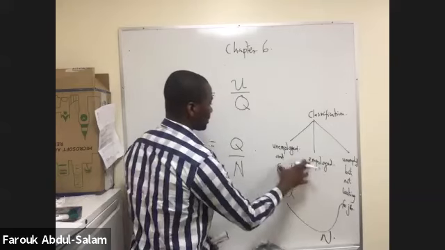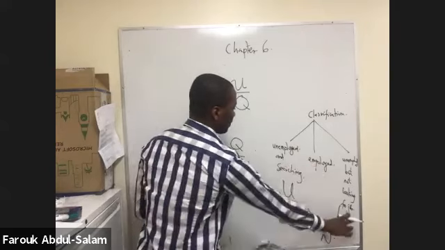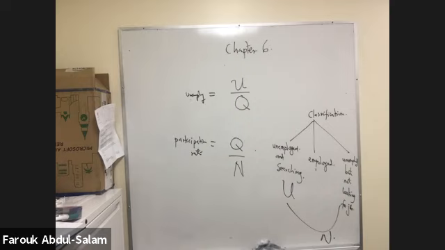These two guys represent your Q. Everything here represents your N. This represents your U. And this is the participation rate. And this is your unemployment rate. So I'm going to move away from the definition and straight out move to the math. If you have questions, let me know before I move along.